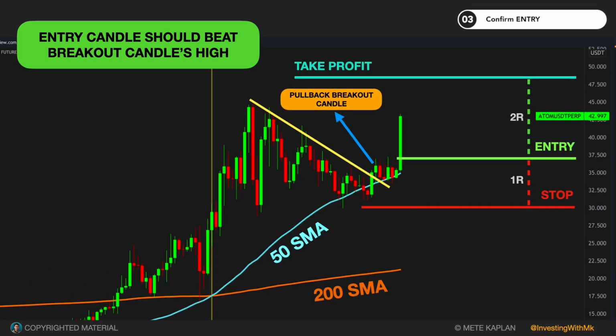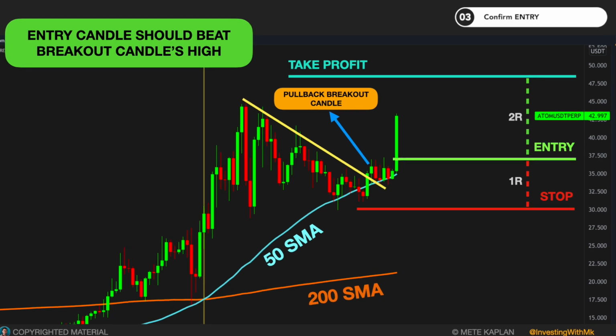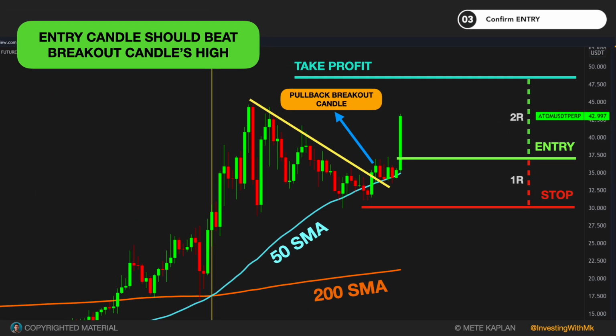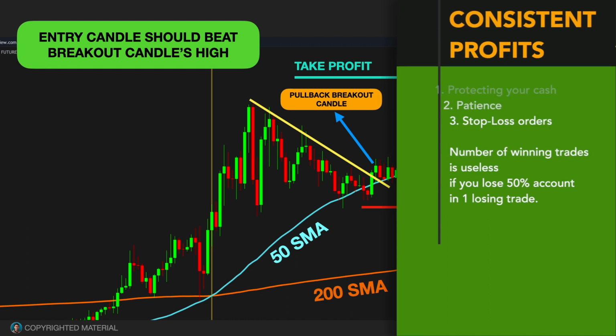This example shows the power of beating the high of the pullback breakout candle. This is why I always say this to my students: if you want to learn to trade and make consistent profits, you have to learn to be patient. Because consistent profits rely on a couple of things. 1. Protecting your cash. 2.